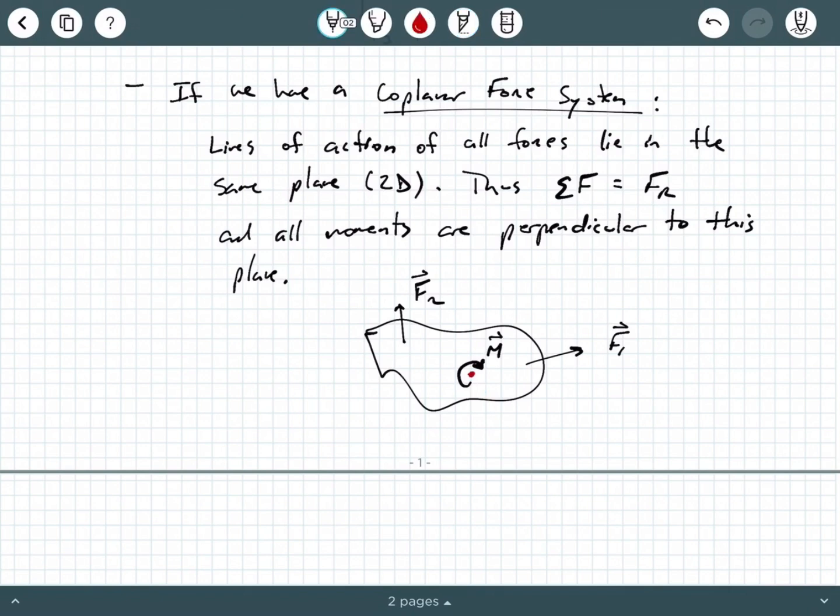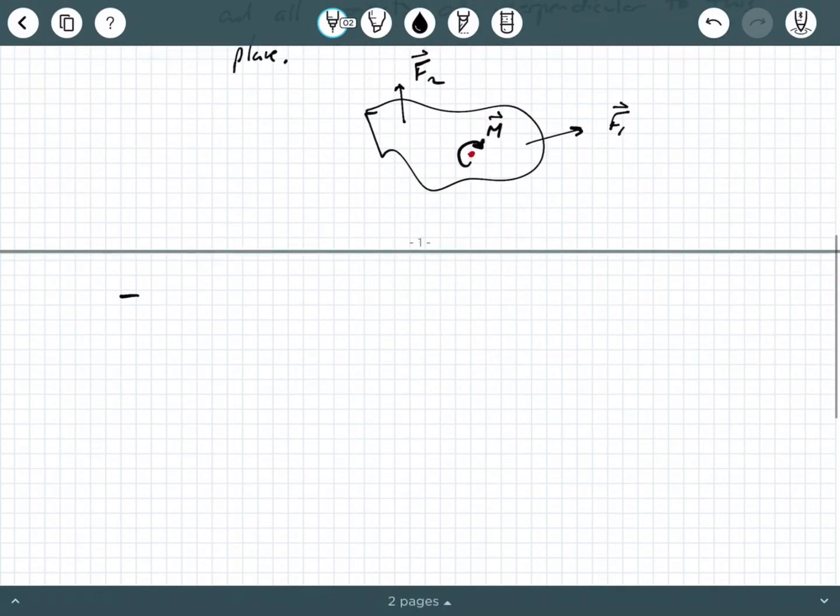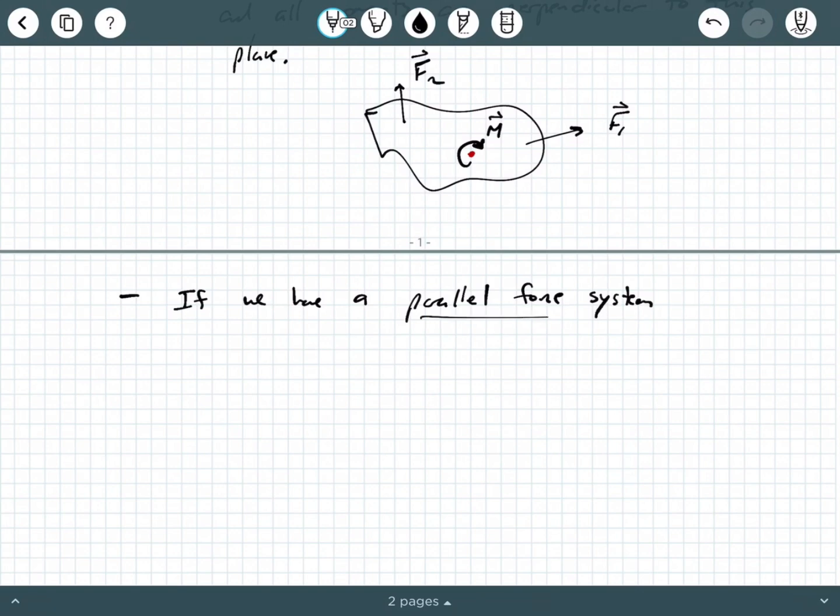And then the last condition that we may find ourselves in where we can further reduce a force and couple system is what we call a parallel force system. If we have a parallel force system, now, what is that?